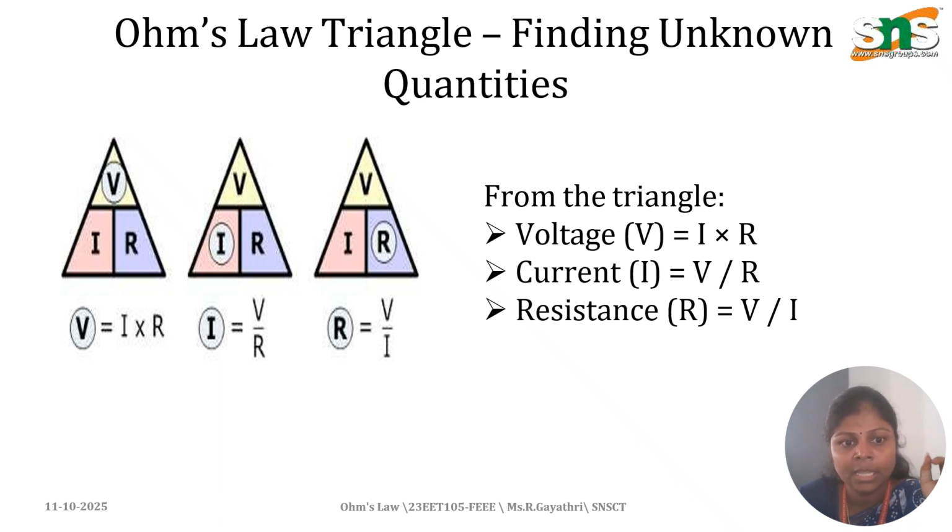When finding current, we divide voltage by R. When finding resistance, we divide voltage by current. From this triangle we obtain voltage V equals I into R, current I equals V by R, and resistance R equals V by I.